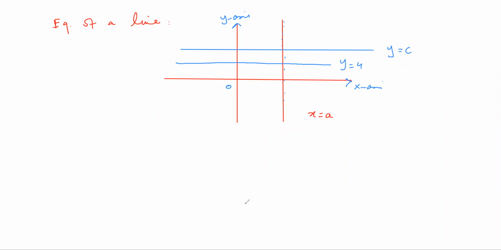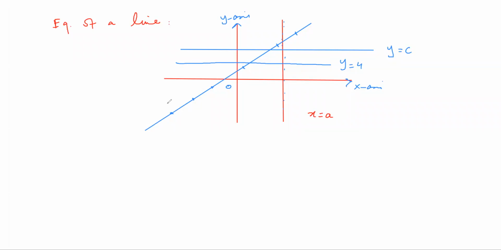Now, when you have a diagonal line, what happens in case of a diagonal line? Suppose you have a line like this. If you take different points on this line, all of these points will have different X and Y coordinates, okay?